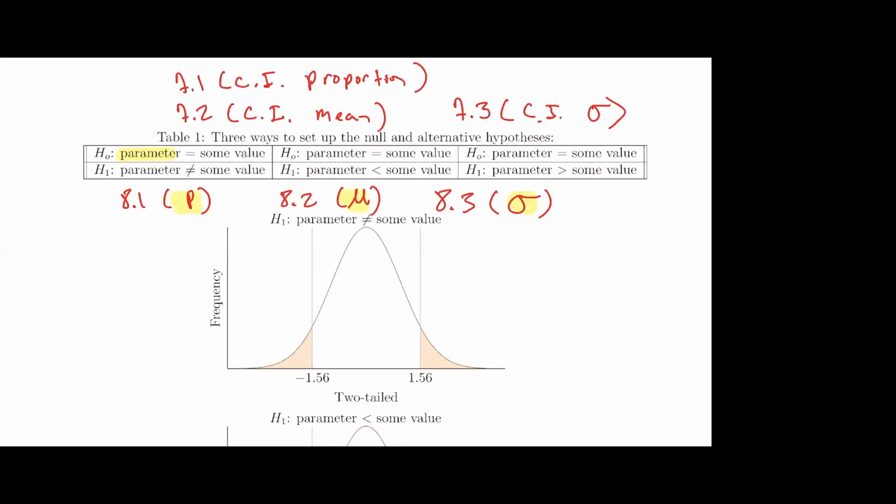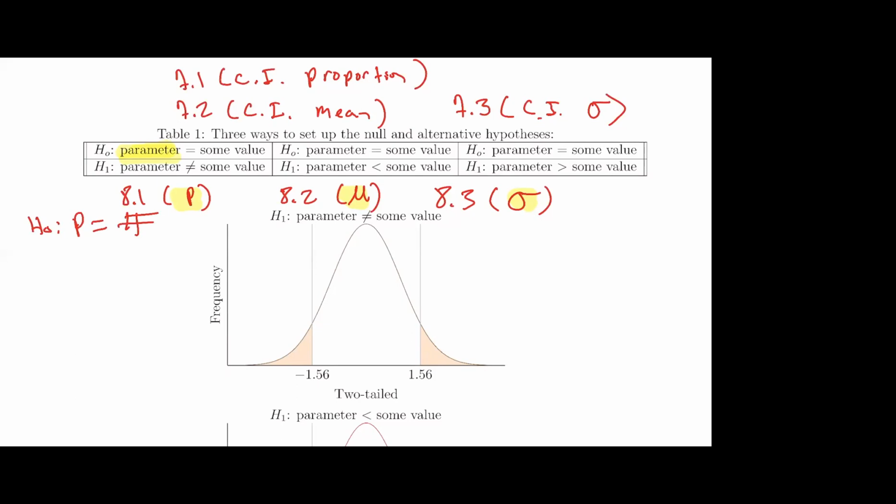All right, so up next we're going to get into the null and alternate hypothesis. Whenever I say parameter, that means we say H0: p is equal to some number. Whatever that number is that we think it is, you set it equal to that. That's for proportion, but if we're doing it for the mean, you say mu is equal to some number. Or if we're doing it for standard deviation, you say sigma is equal to some number. So that's how the null hypothesis is always going to be.